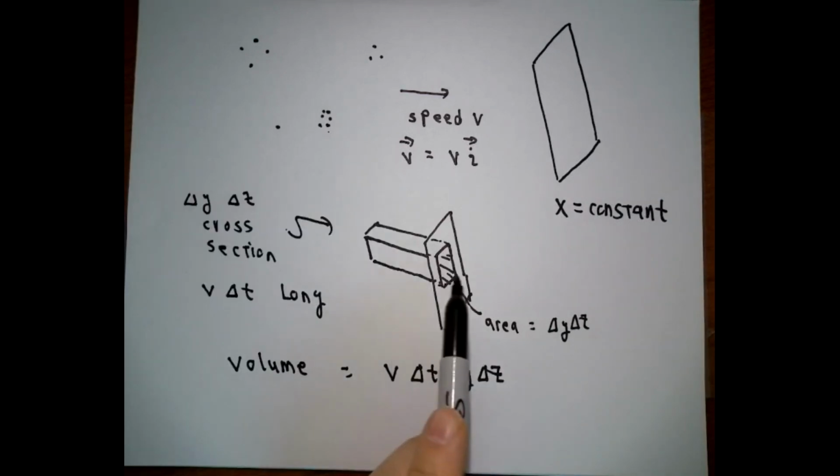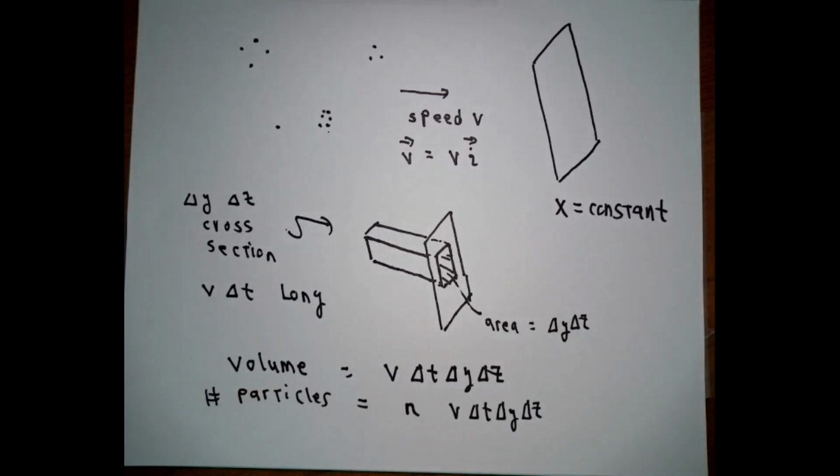The volume of this indicated rectangular box is the speed times delta t times the amount of area that I'm looking at in the surface under consideration. The number of particles that pass through the indicated rectangle of the surface is the number density times the speed times delta t times delta y times delta z.